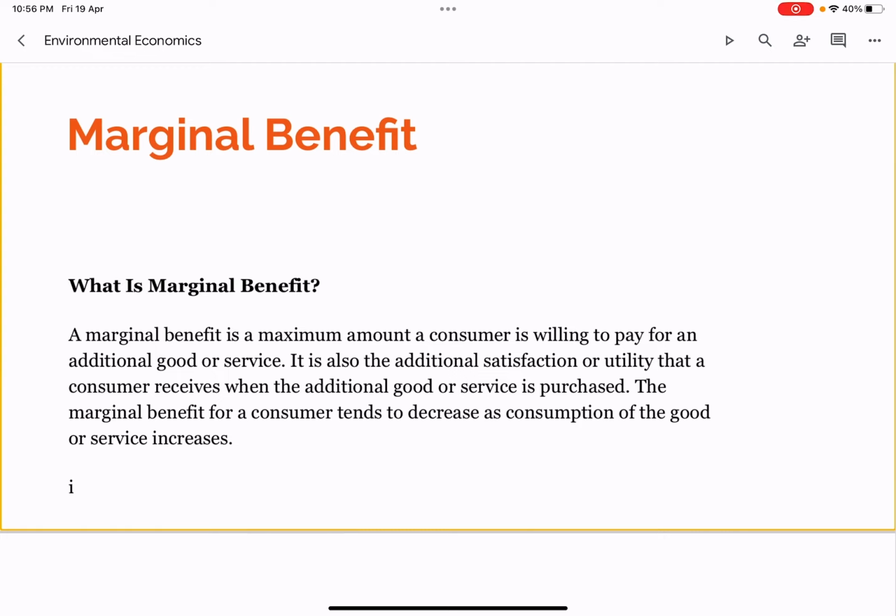He might see some benefit from it, right? So that benefit which he would be accruing by purchasing the 101st good would be called a marginal benefit, right? So the marginal benefit for a consumer has to do with the willingness to pay for an additional good or additional service.